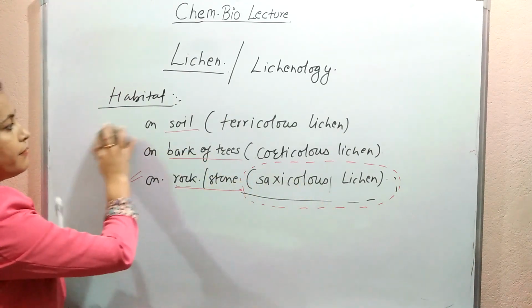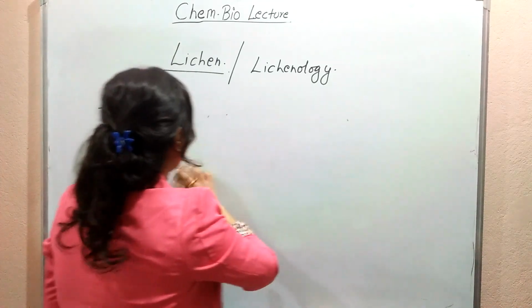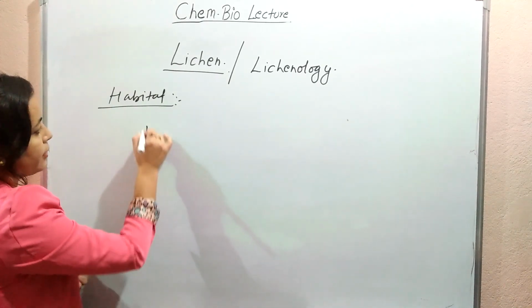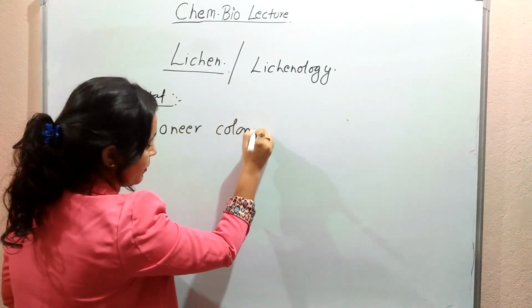Okay, as the context has arisen that lichens grow basically on the surface of rock, they are even termed pioneer colonizers. Let's understand the meaning of pioneer colonizer.